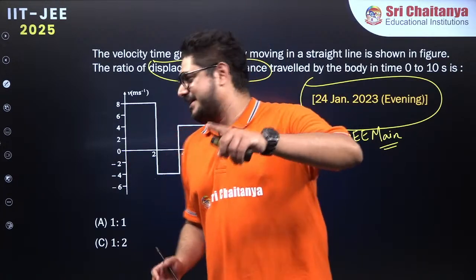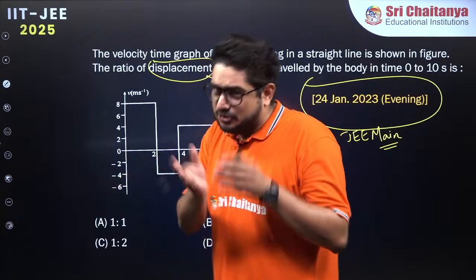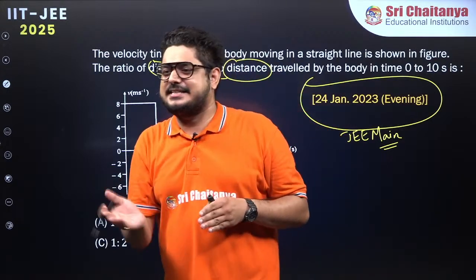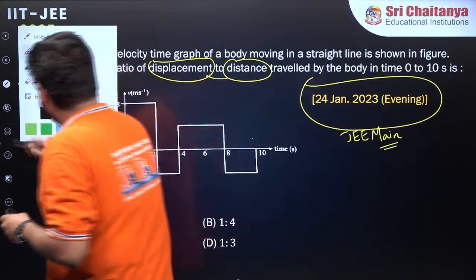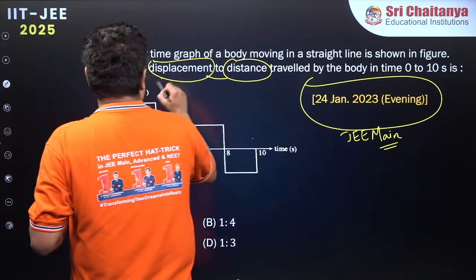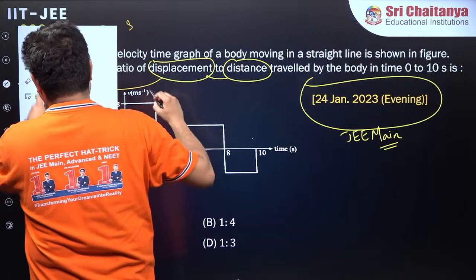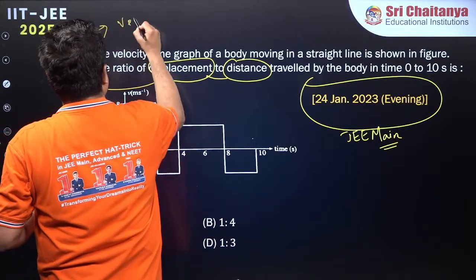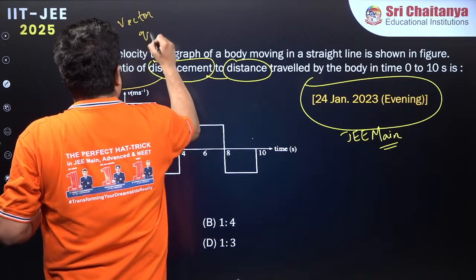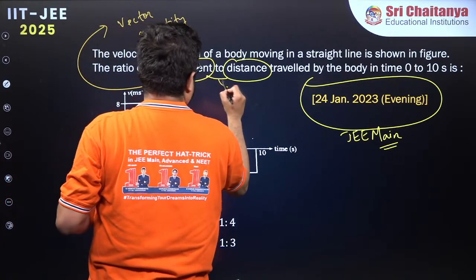First of all, displacement is a vector quantity. We will introduce vectors in the upcoming days, and distance is a scalar quantity. So I will write down very shortly that displacement is a vector quantity whereas distance is a scalar quantity. Okay?